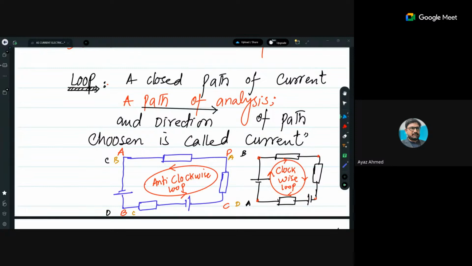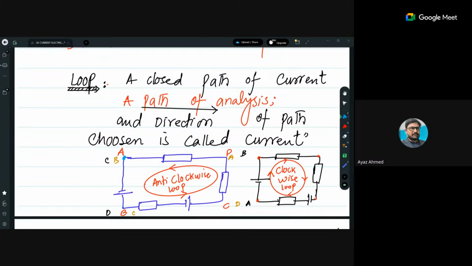We analyze that circuit from one point back to that same point. Like if I start from point A, I will go back to point A, depending upon my direction. What is a loop? A loop is the complete path of current. Got it?